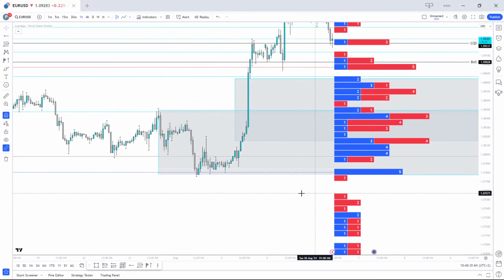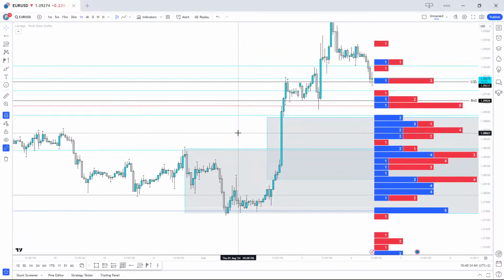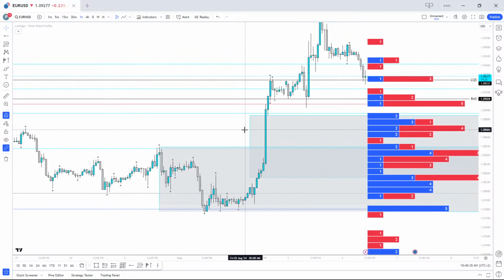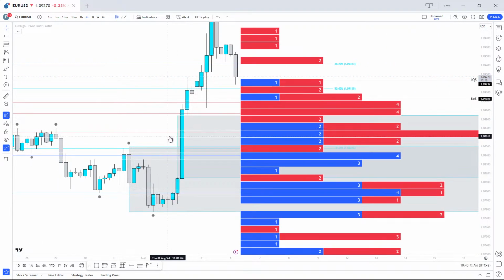What I don't like about this indicator is this fair value gap. Let me show it to you on the 4-hour time frame. Fair value gaps are actually high probability areas for reversals, and I hate how this indicator equalizes the areas where the fair value gap sits, because the fair value gaps are not part of this indicator.